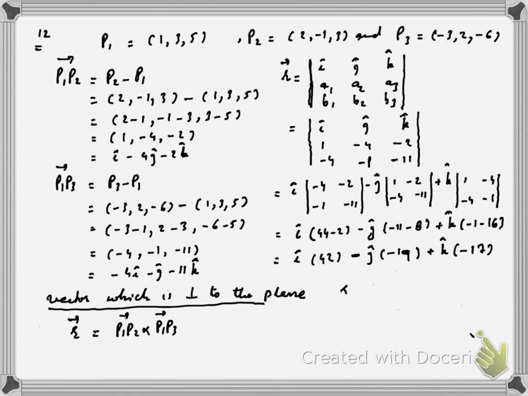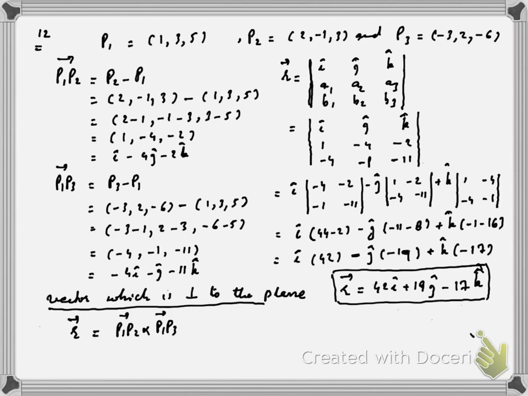It is equal to 42 i cap plus 19 j cap minus 17 k cap. It is the vector which is perpendicular to the plane.